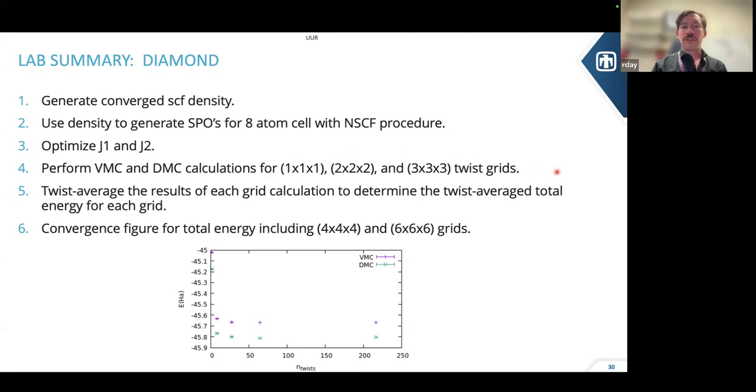And then, once you're done with that, you will twist average the results in each of these twist grid calculations, and then that will give you enough to determine whether or not you're converged. So as a spoiler alert, the lab that you did will go, this is at 1 twist, that is at a 2x2, 3x3, so 27.